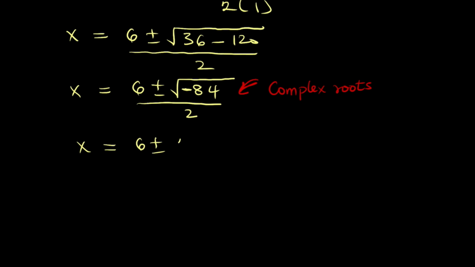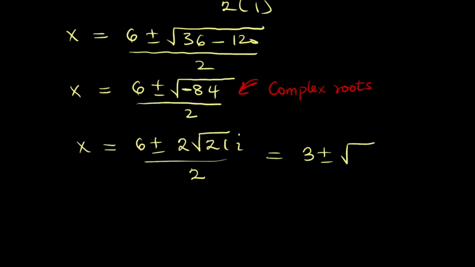So I have 2 root 21, because of the negative, so I'll put i here, then divided by 2, which is the same thing as saying 3 plus or minus root 21 i.